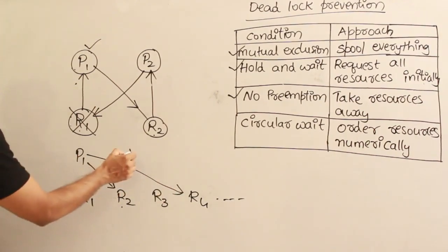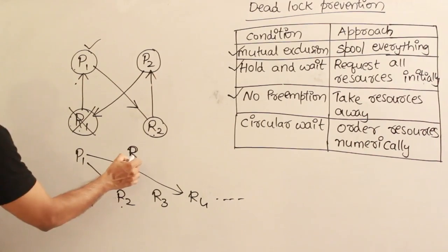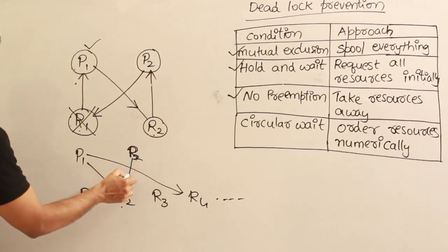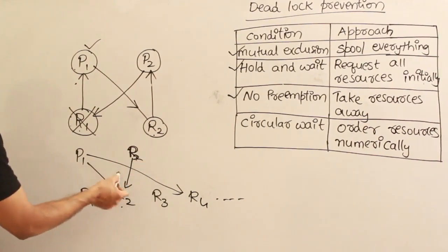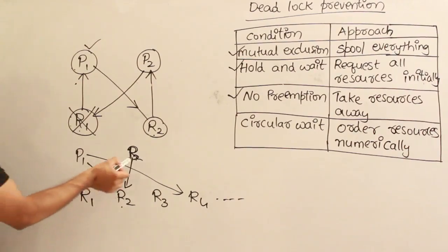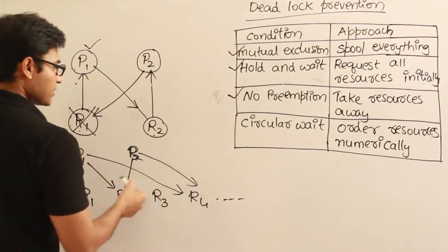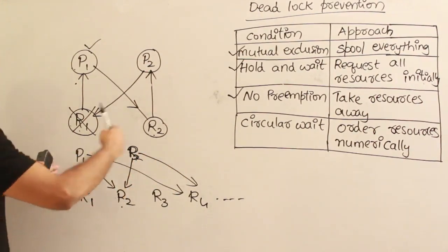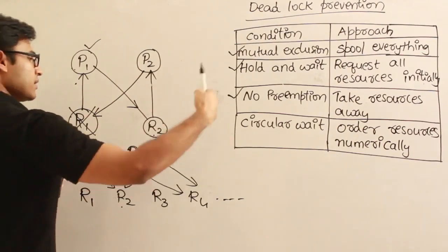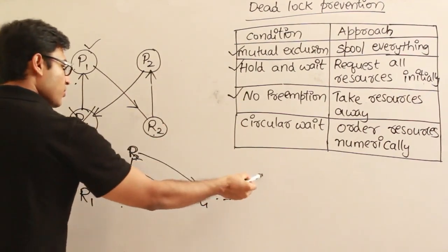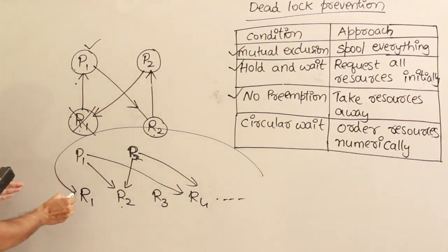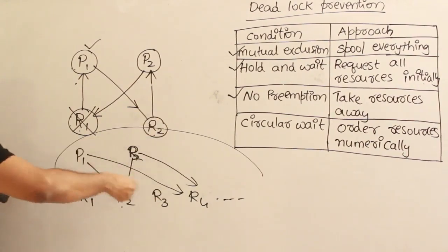And if another process, let us say P2, has requested R2, it should not ask again for less than this. It should only ask for something greater than this. So if every process is going to ask for the resources in the increasing order, then obviously no process will come back and ask for the lower number. Therefore, there will not be any cycle, isn't it?